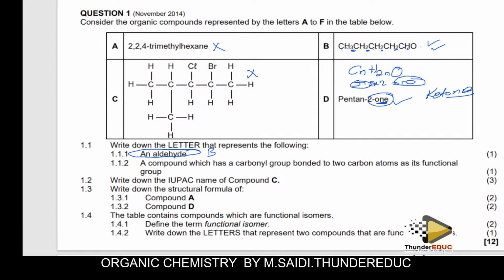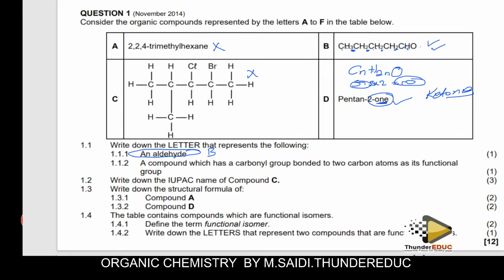Then we go to the second question, saying: compound which has a carbonyl group bonded to 2 carbon atoms as its functional group. Compound that has a carbonyl group bonded to 2 carbon atoms as its functional group.